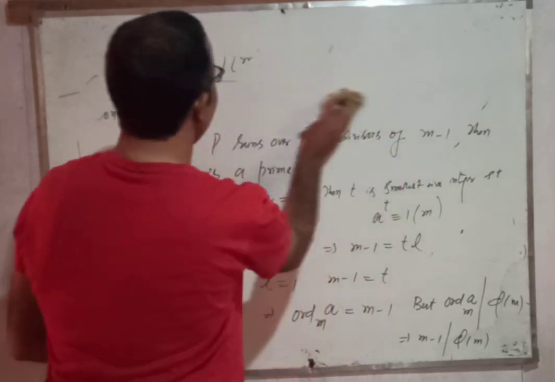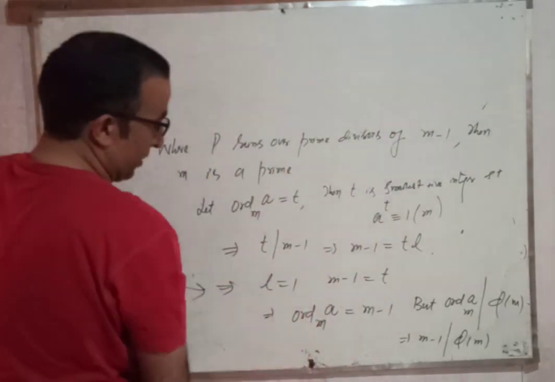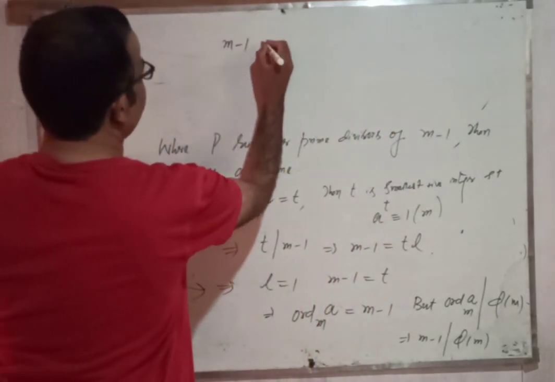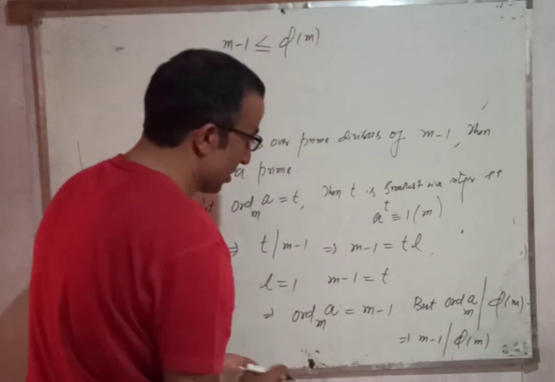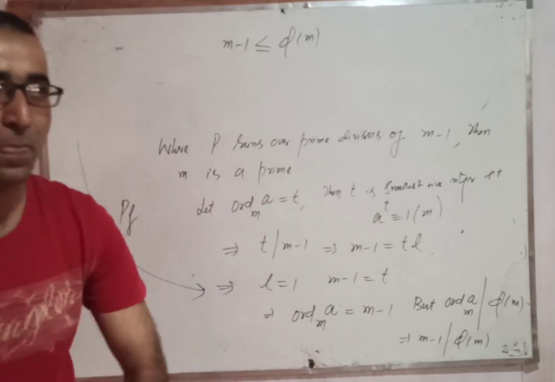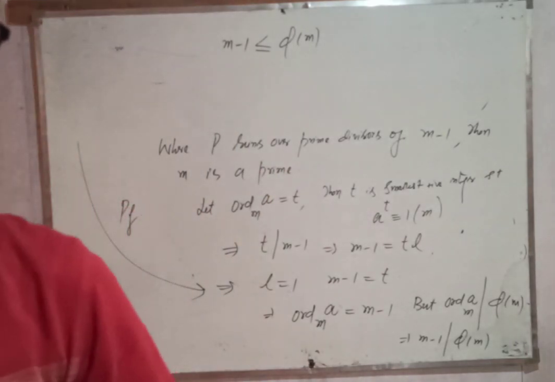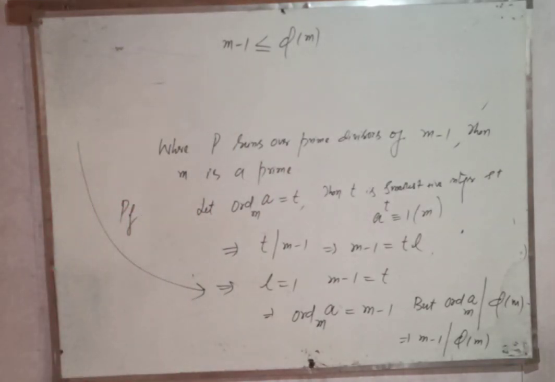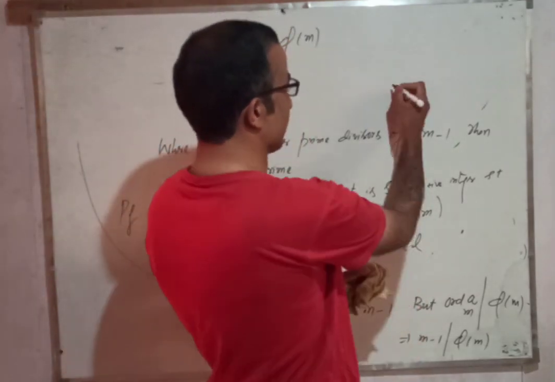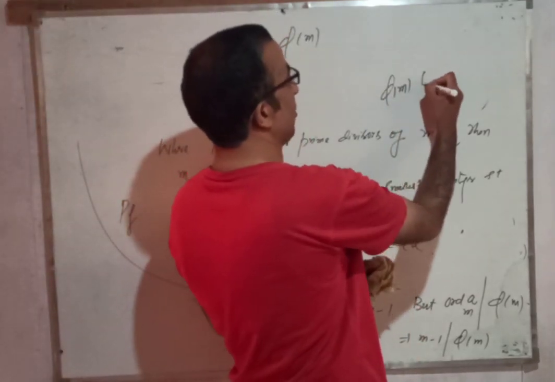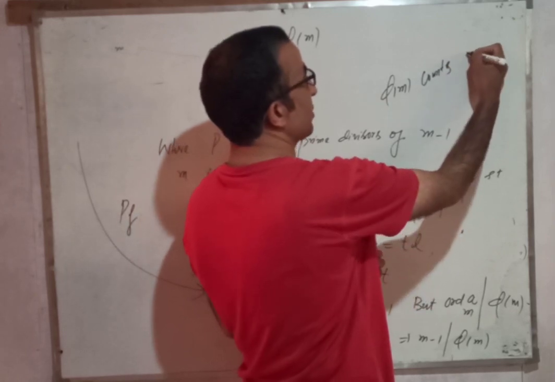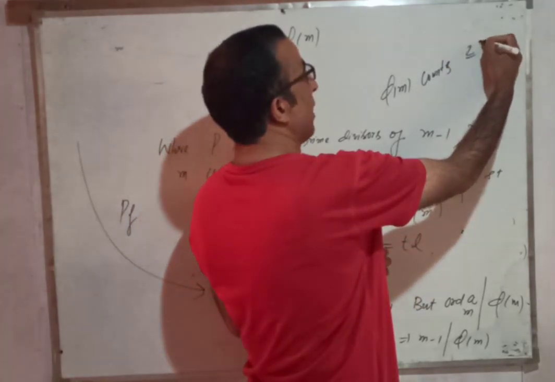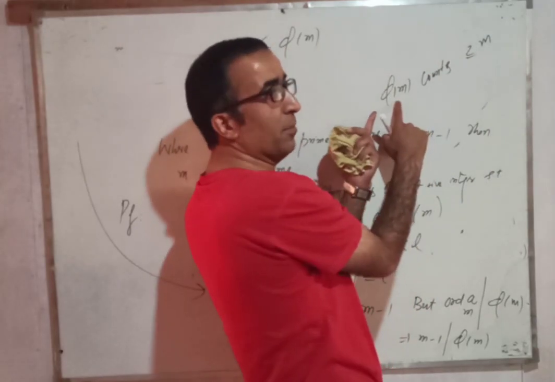But that will imply m minus 1 is less than or equal to phi of m, because m minus 1 is a divisor of phi of m. But by definition, phi of m counts the number of integers less than or equal to m which are relatively prime to m.